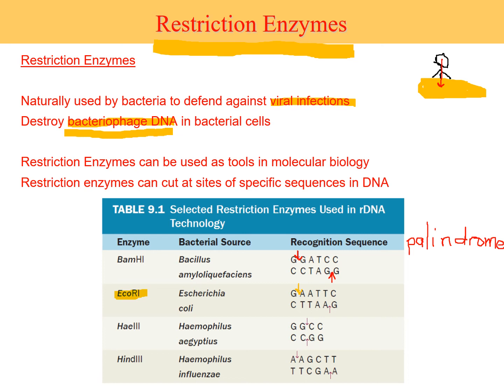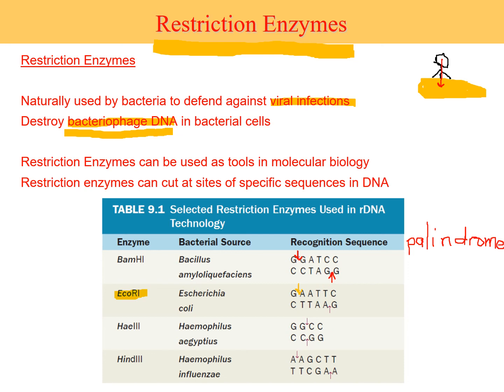It's a palindromic sequence because the complementary strand reads the same way backwards. You see it here, GAATTC read that way, and GAATTC read this way, and the cut is between the G and the A.